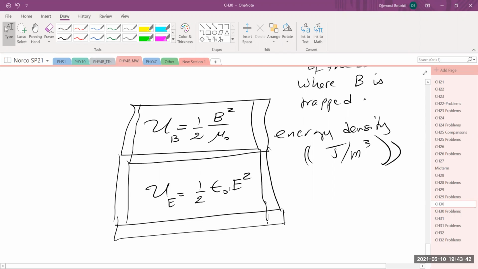This one, and everywhere we dealt with the epsilon naught, the permittivity of electricity, it was always in the denominator. Everywhere you have 1/4 pi epsilon naught, or Q over epsilon naught, or something over epsilon naught. Always epsilon naught was downstairs. The only time it showed up upstairs was in the energy density for the electric field.